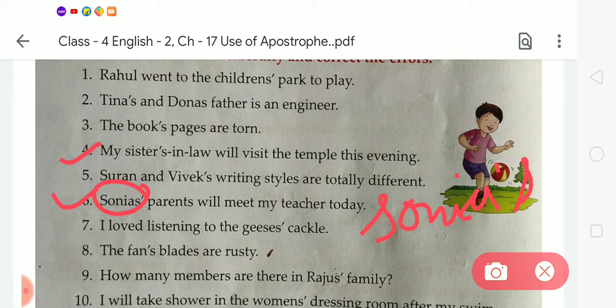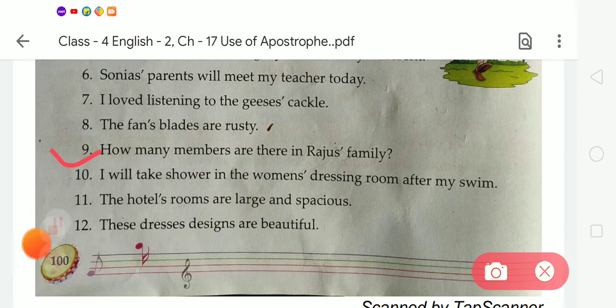Okay, next, number 7, I loved listening to these geese's cackles, so we have to write it like this. In number 8, the fan's blades are rusty. And number 9, how many members are there in Raju's family?